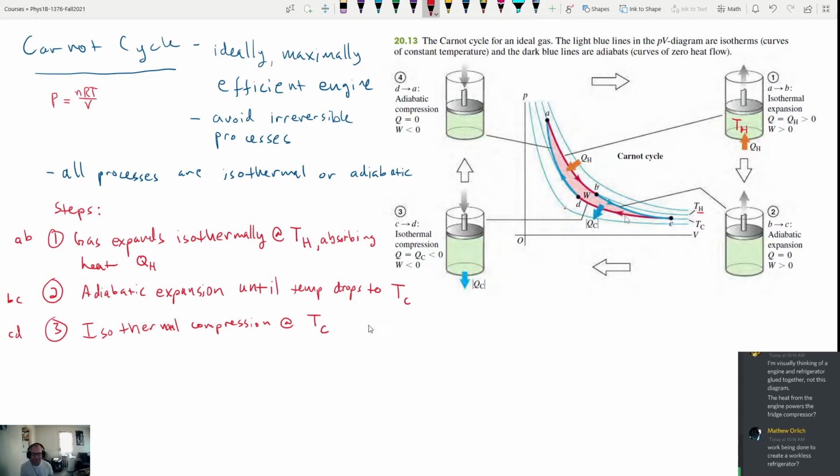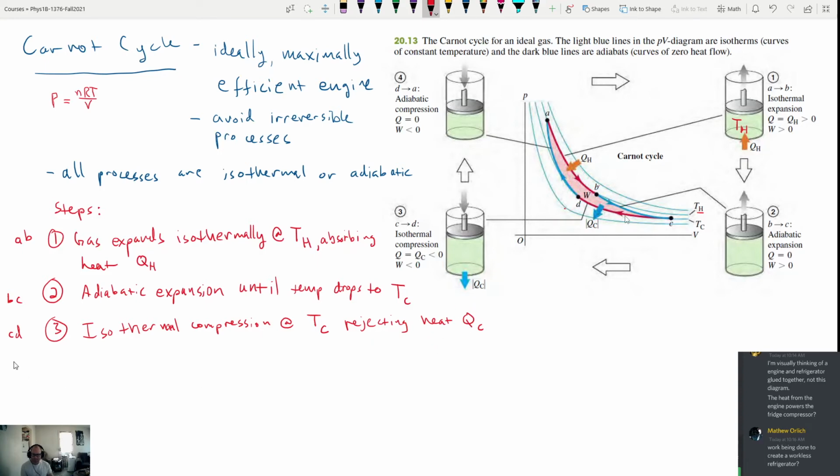And it rejects heat during this process. The only way that it can be compressed and maintain a constant temperature is if it also rejects some of the heat. And so that's what's happening. And this QC will be less than 0 because it's going out of the system.